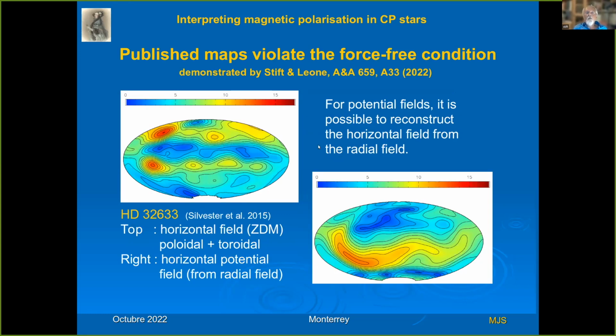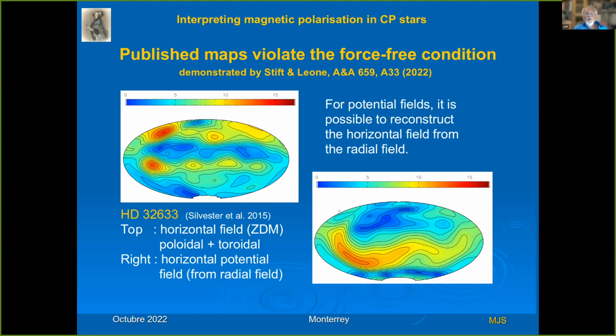But you can do more from the published maps. If there is a potential field, then it is possible to reconstruct the horizontal field from the radial field. Geophysicists do it all the time, and they helped me to do this. And for a star like HD 32633 with fields of more than 15 kilogauss, that's the horizontal field that has been published.